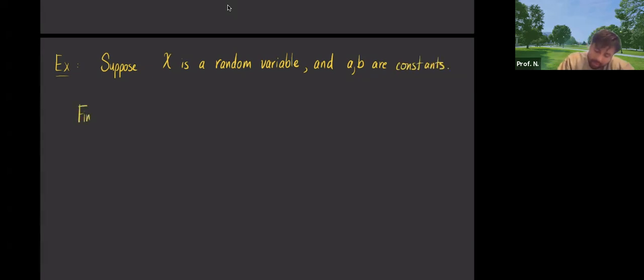Find the expected value of ax plus b. So that's the first thing. And the second thing is to find the variance of ax plus b.